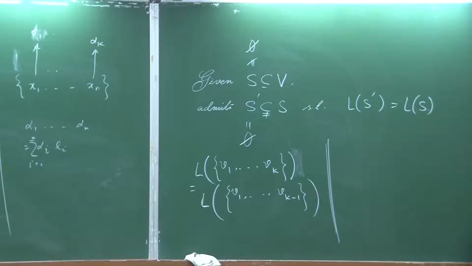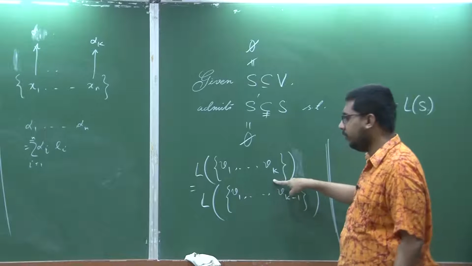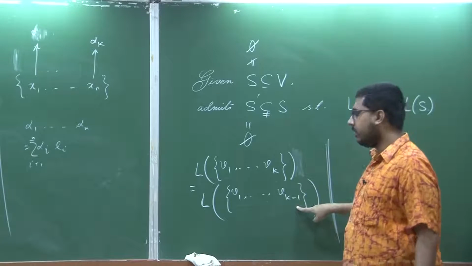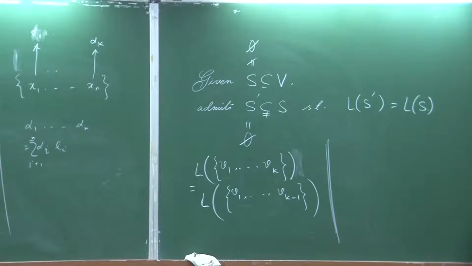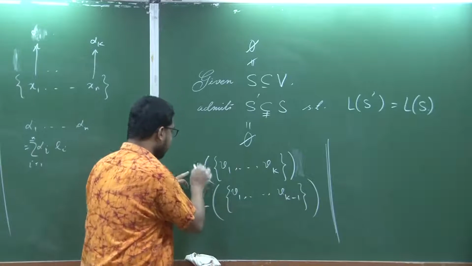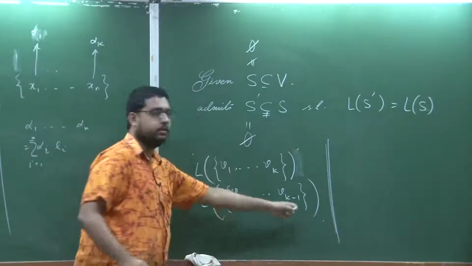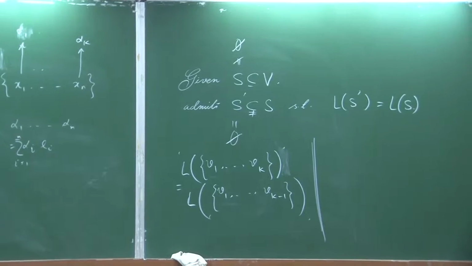So, if deletion of Vk does not affect the linear span, that means any combination of V1, V2, ..., Vk is also a combination of V1, V2, ..., V(k-1). Then Vk, which lies in this space, should itself be a linear combination of V1, V2, ..., V(k-1).